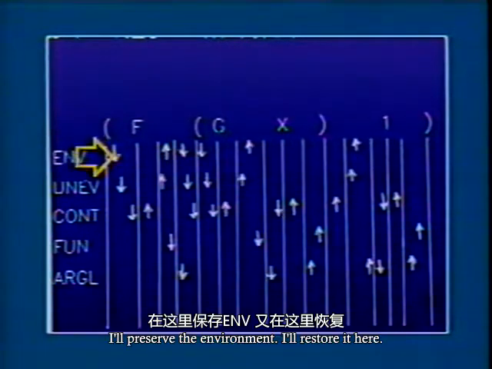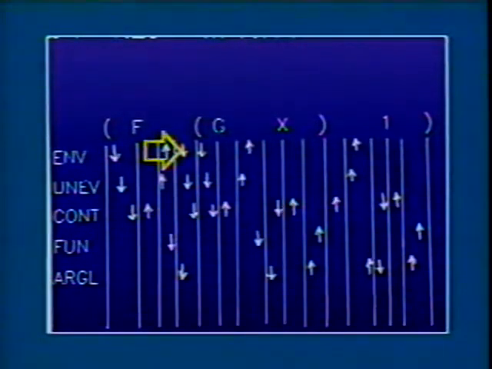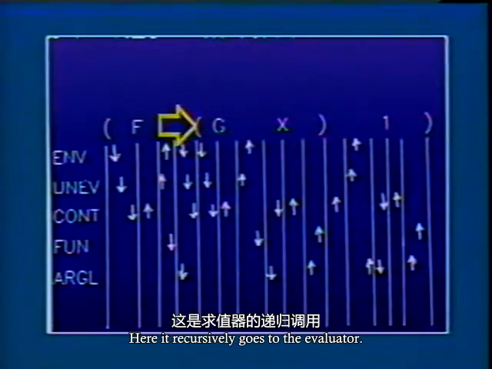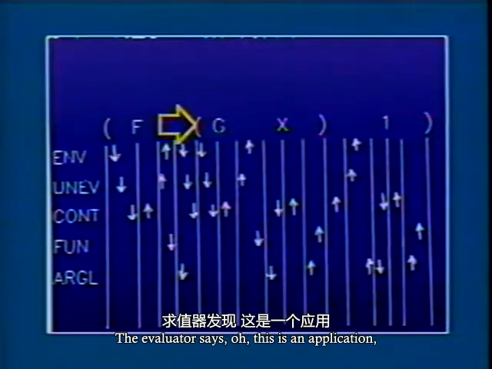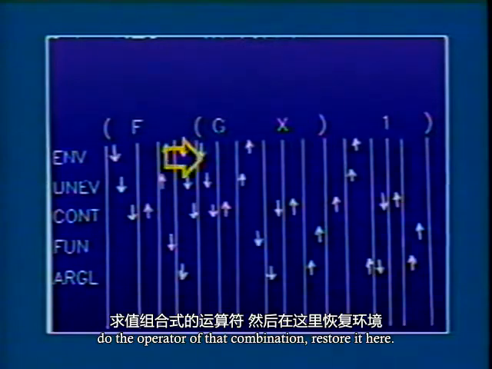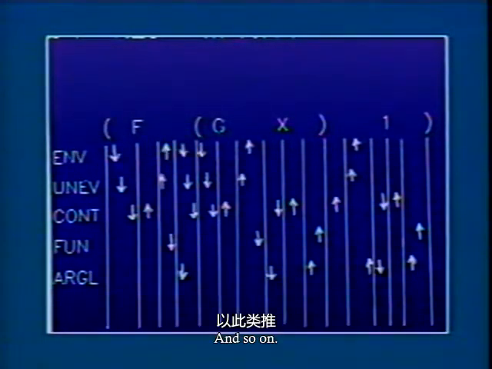I'll preserve the environment. I'll restore it here. Then I'm about to do the first operand. Here it recursively goes to the evaluator. The evaluator says, oh, this is an application. I'll save the environment, do the operator of that combination, restore it here. This restore matches that save, and so on.